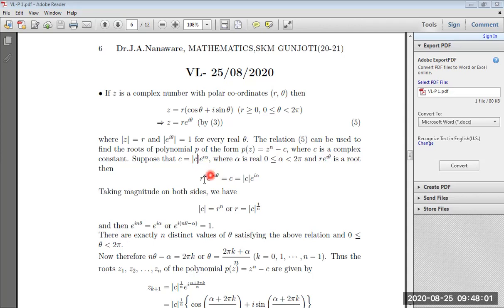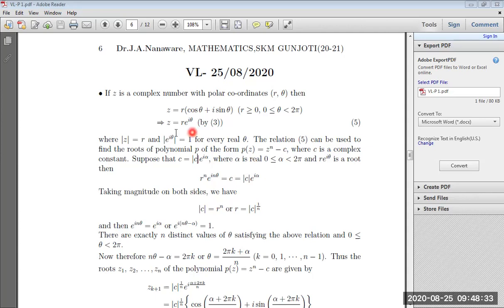r to the power n e to the power i n theta is equal to the magnitude of c into e to the power i alpha. Now we take the magnitude on both sides of this expression. So that will give you the magnitude of c is equal to r to the power n. Why? Because the magnitude of e to the power i alpha and the magnitude of e to the power i n theta is 1.